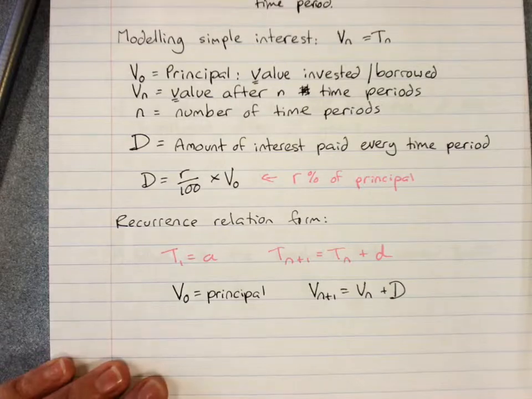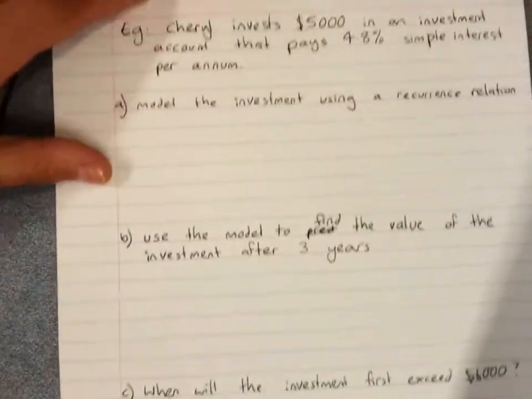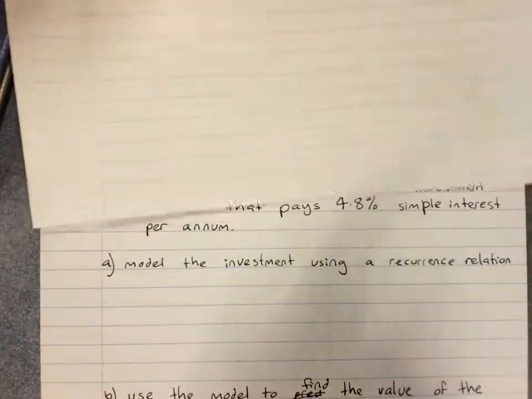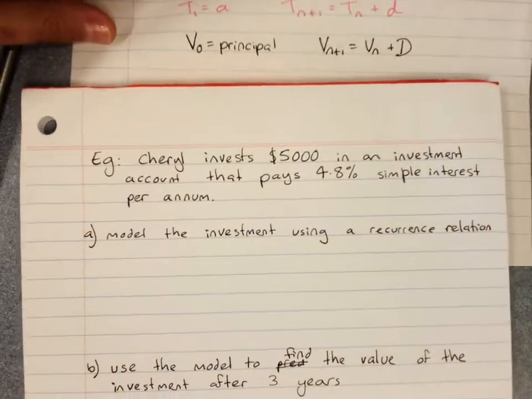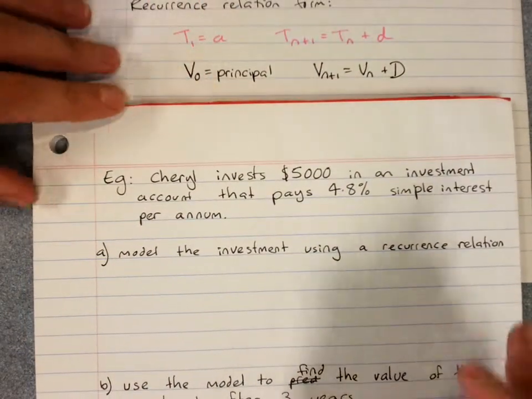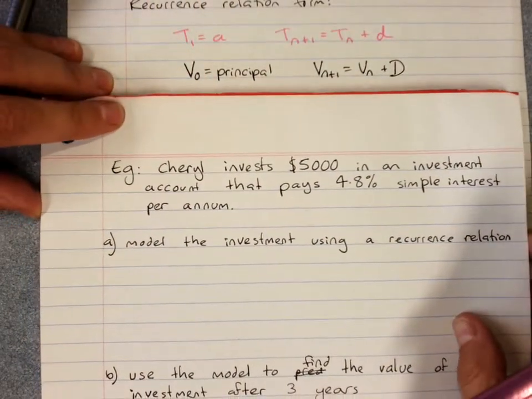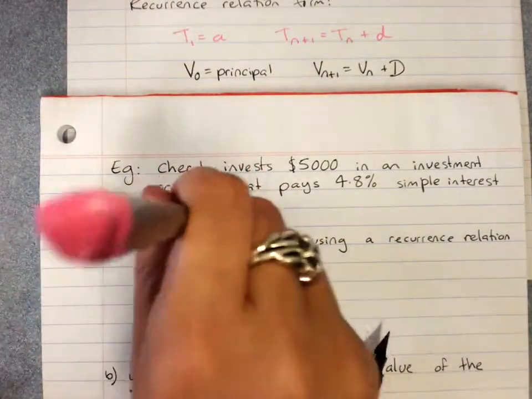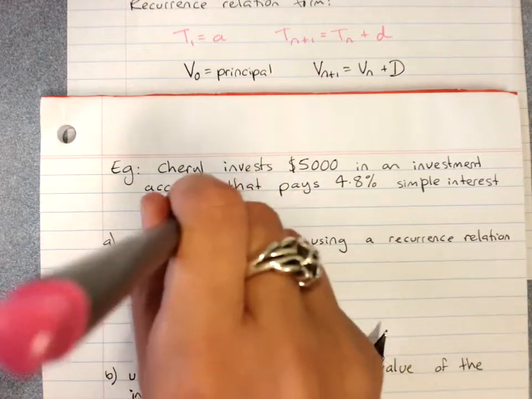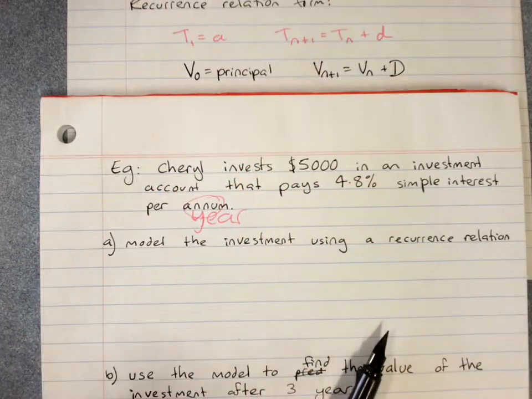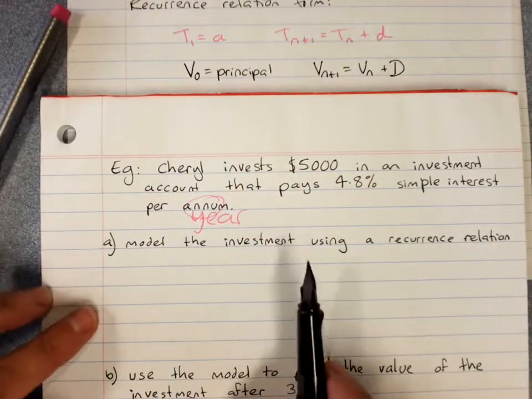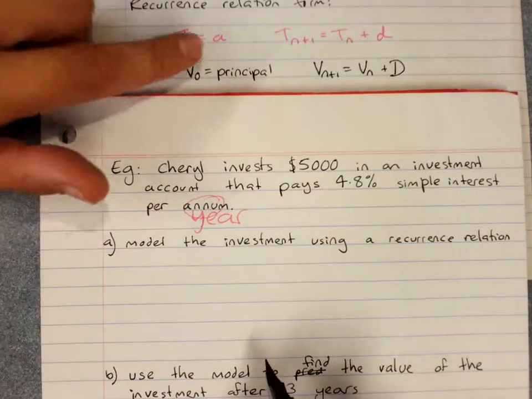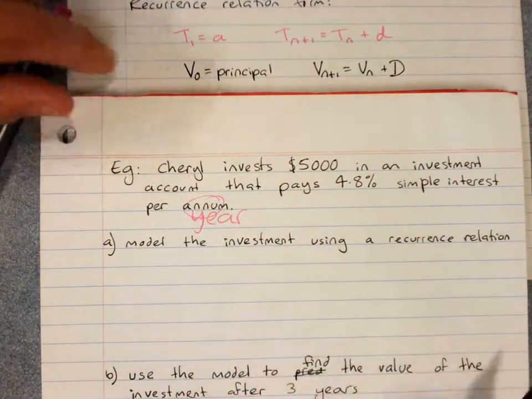So using those to answer some questions: Cheryl invests $5,000 in an investment account that pays 4.8% simple interest per annum, that's per year. Model the investment using a recurrence relationship. So V0 equals the principal.